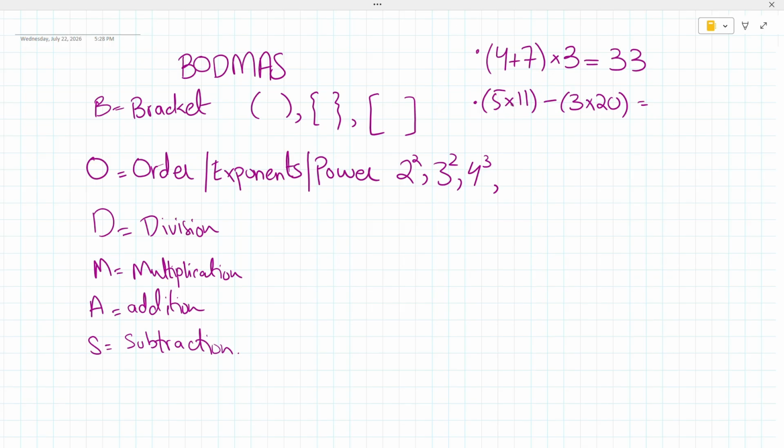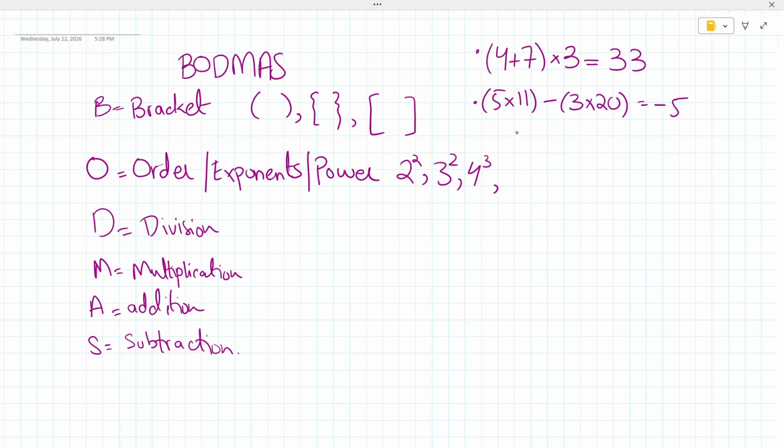Here is a multiplication, and here is also a multiplication. So 5 elevens are 55, and 3 twenties are 60. Now the answer will be 55 minus 60, which is minus 5. So the answer is minus 5 because of this BODMAS rule.